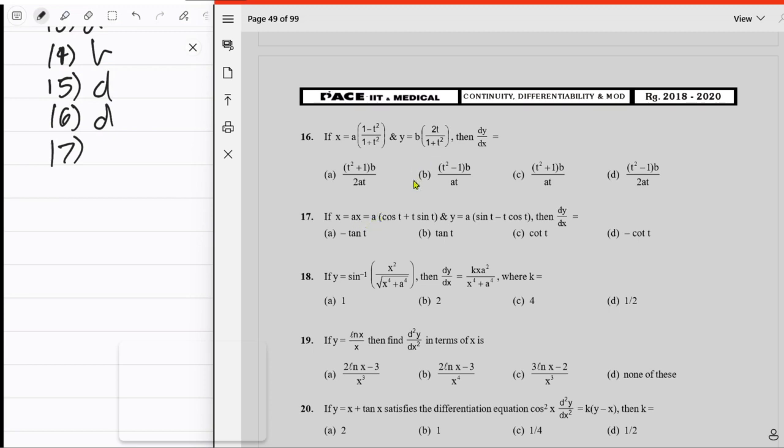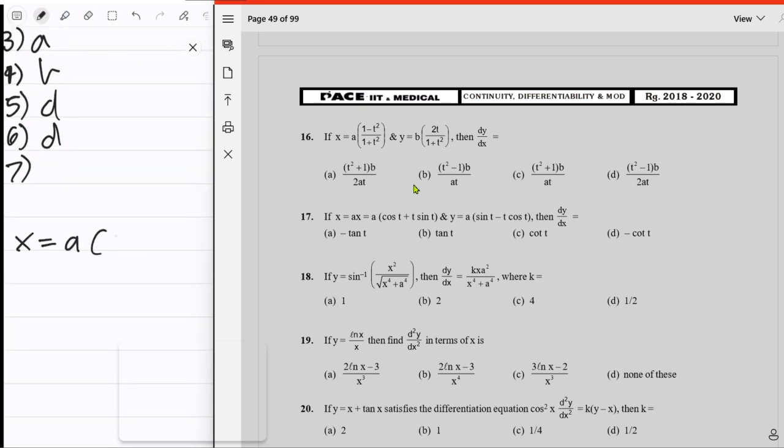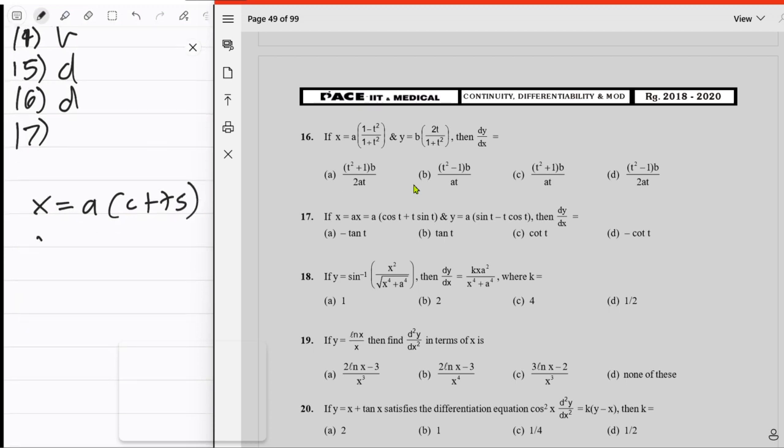Or was it? Let's do it this way. x is equal to a cosine t plus t sine t, and y is equal to a times sine t minus t cosine t. It doesn't matter whether it's a or not, because either a is 1 or even if it's there, it's the same in both of these expressions.